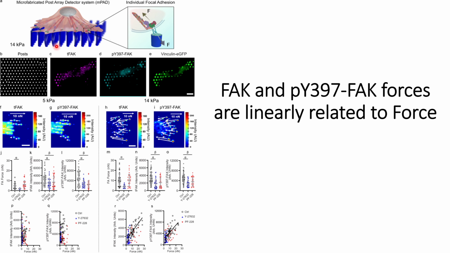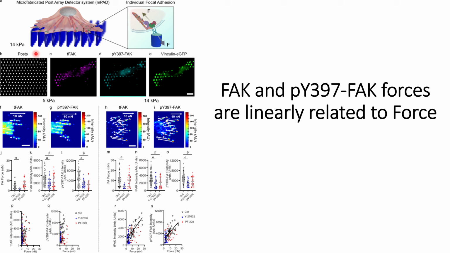They use two different stiffnesses. The first one is soft, around 5 kilopascals, and the other is high stiffness, around 14 kilopascals. They check the total FAK using one dye and the phosphorylated FAK using another dye, and then they check vinculin, which is a marker, using EGFP.